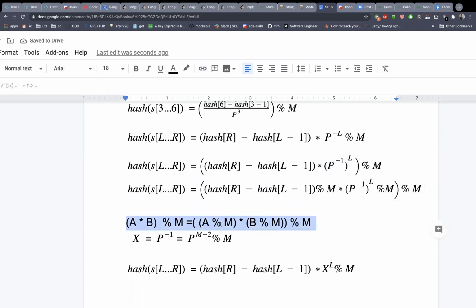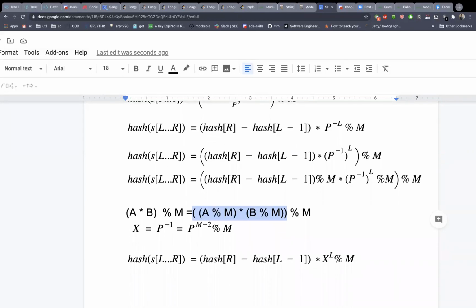And can you remove the modulo from outside? Because basically we are taking the outside modulo to the inside, right? So basically A into B modulo M, if you do, then the formula is A mod M, B mod M, and the whole mod M. Okay. So if you put modulo inside, now this thing has become inverse modulo.